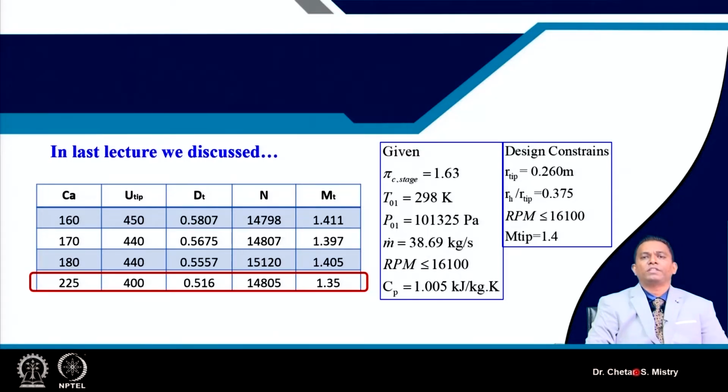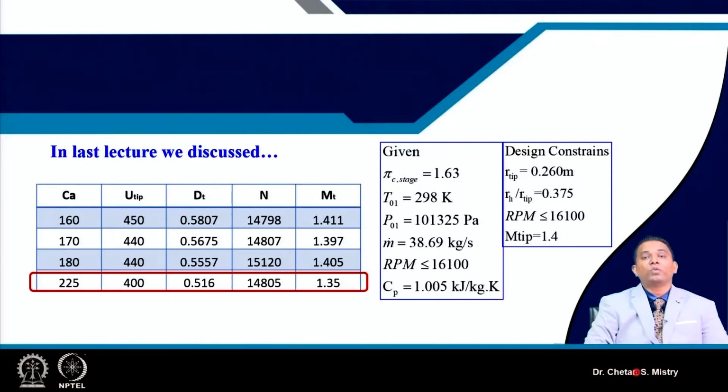Now in the next lecture we started discussing the distribution of delta P0 at the mid station, and if you recall, we have assumed it to be slightly higher than the design pressure rise we are expecting, in order to reduce the number of iterations.